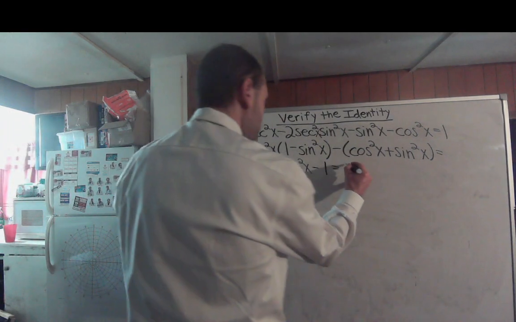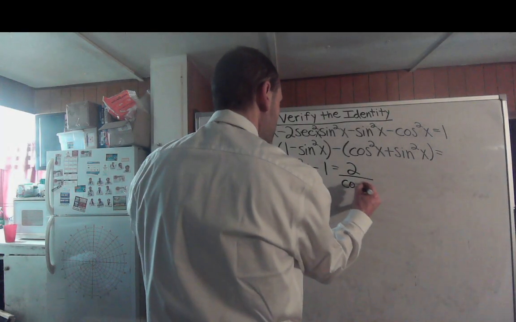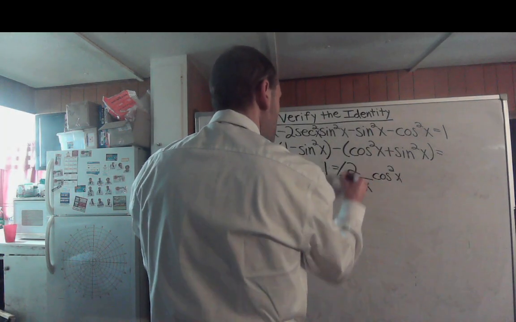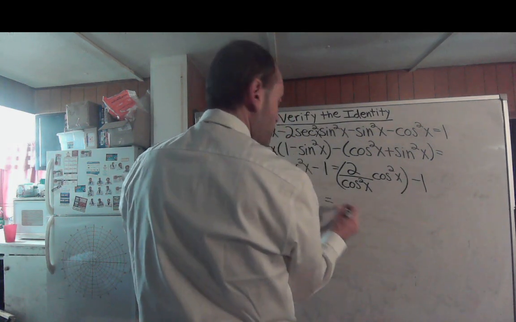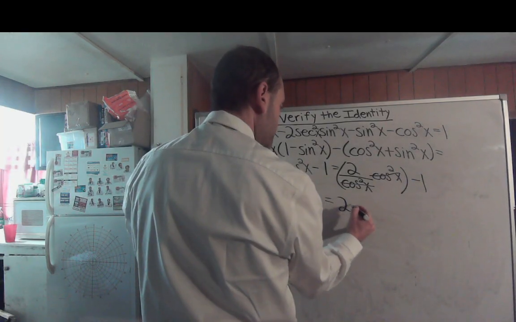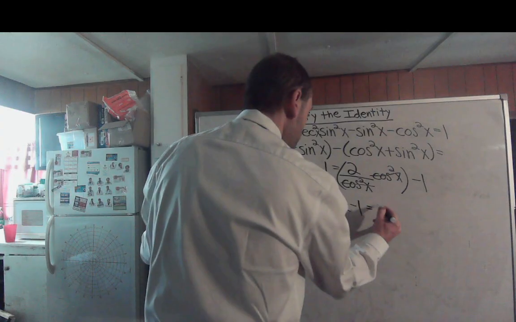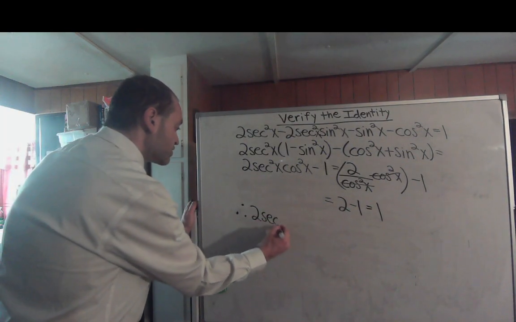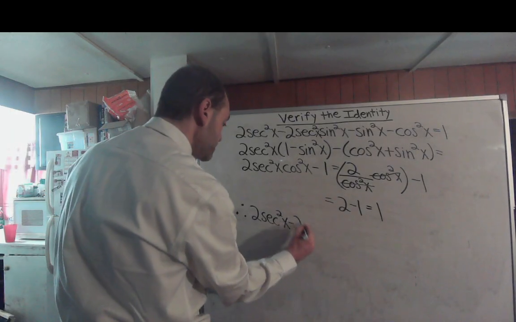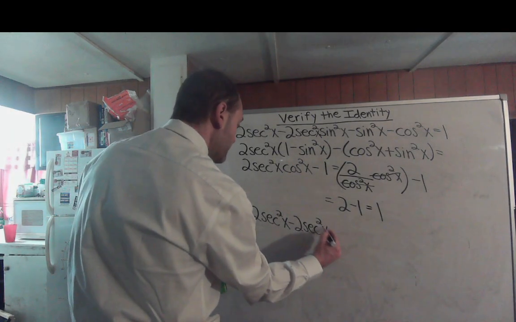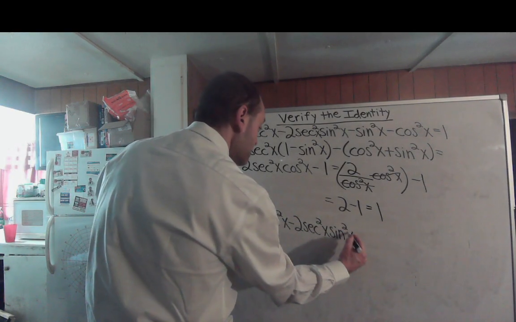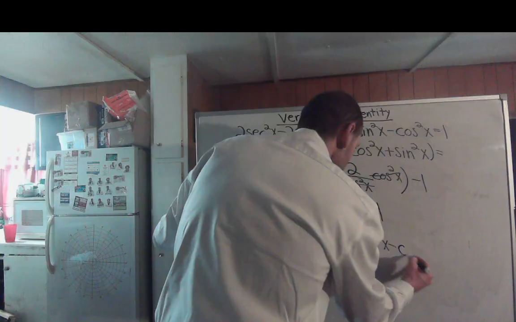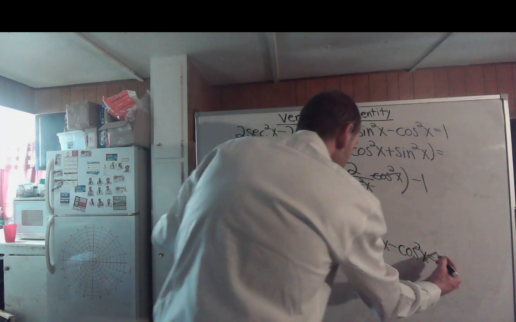That's 1 over cosine, so you would end up having 2 over the cosine squared of x times the cosine squared of x, all that minus 1, which your cosine squareds will cancel out. This will just give you 2 minus 1, which equals 1. So therefore, 2 secant squared of x minus 2 secant squared of x sine squared of x minus sine squared of x minus the cosine squared of x is equal to 1.